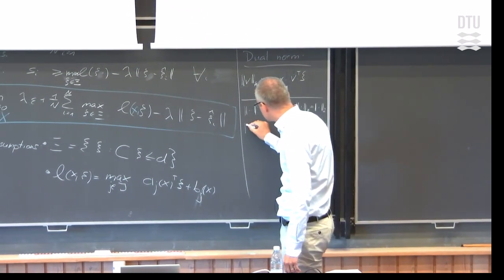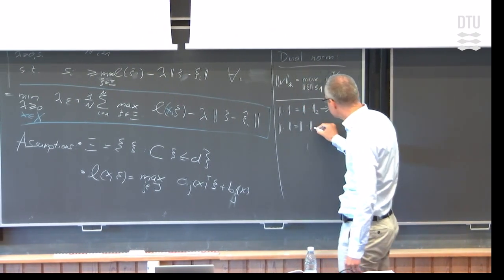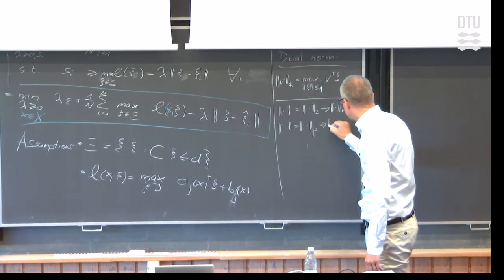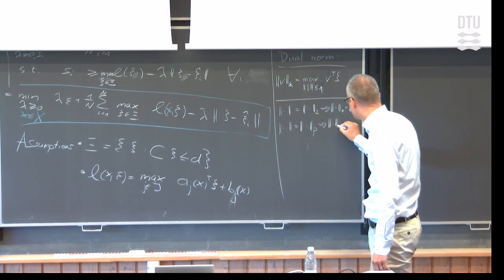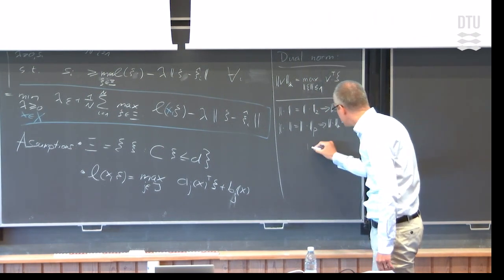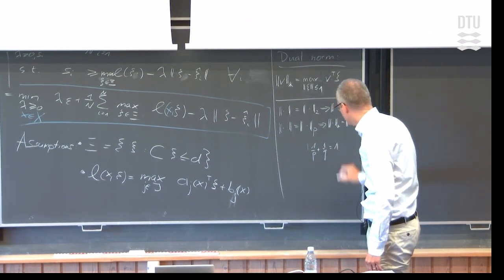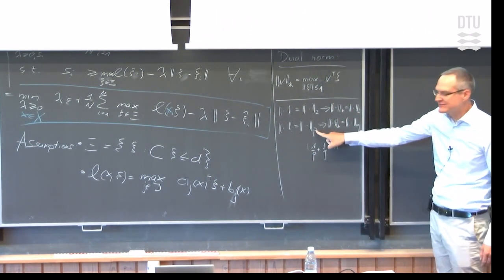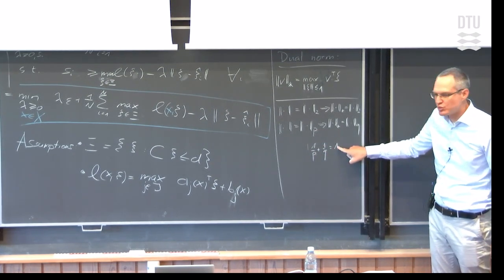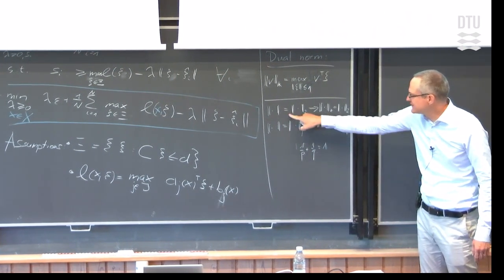More generally, if your original norm is a p norm, where p is a number larger or equal to 1, then the dual norm is a q norm, where 1 over p plus 1 over q is equal to 1. You can verify that if p is 2, then 1 over p is 1/2. For this to be equal to 1, q needs to be 2 as well. So this needs to be 1/2. So that thing implies that thing, right?